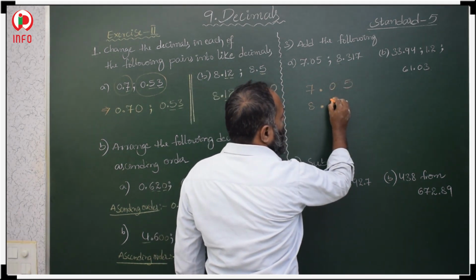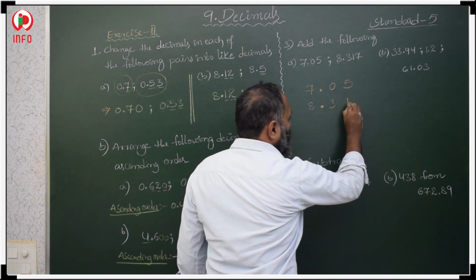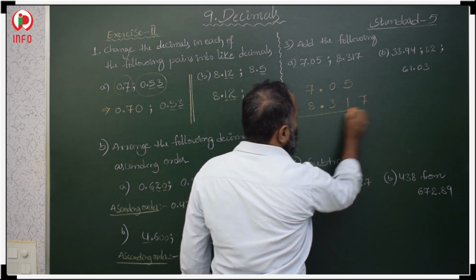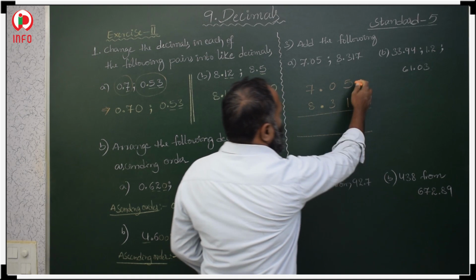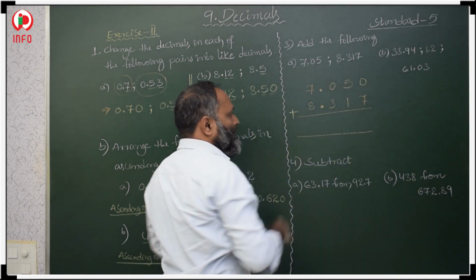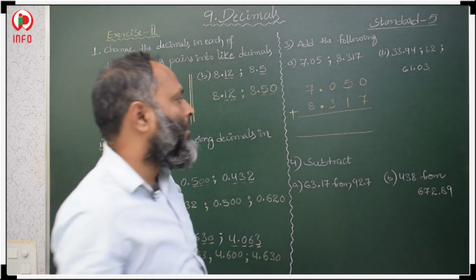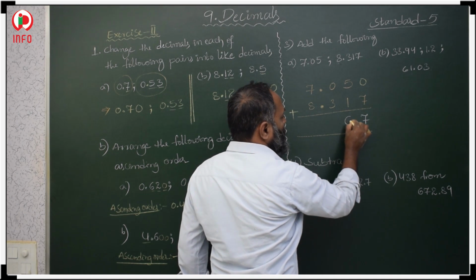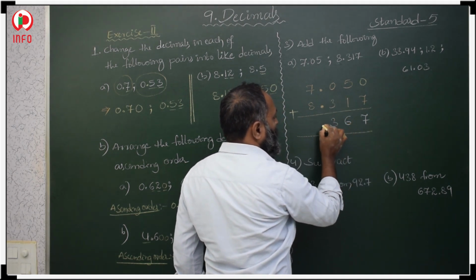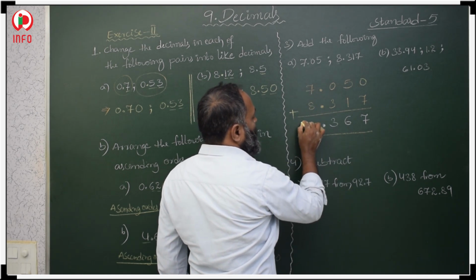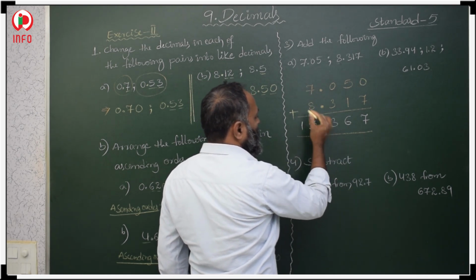Then 3 in tens place, 1 in hundreds place and 7 in thousands place. Here there is no thousands, so you keep 0 and add. Now add: 0 plus 7, 7; 5 plus 1, 6; 0 plus 3, 3; then after the point, 7 plus 8, that is 15.